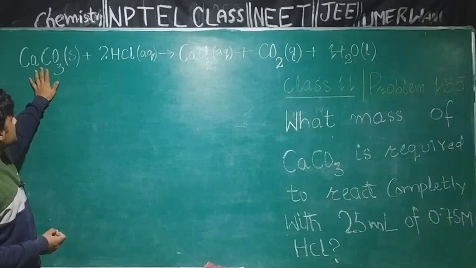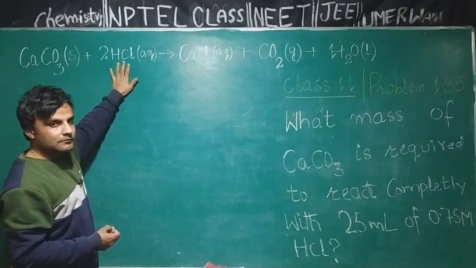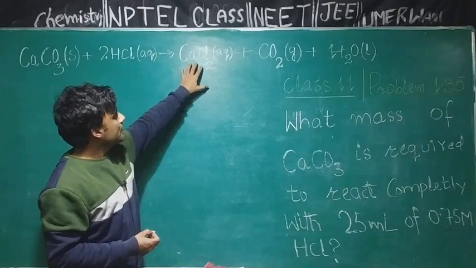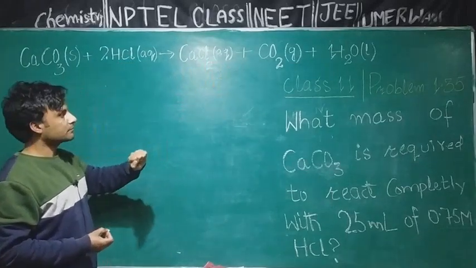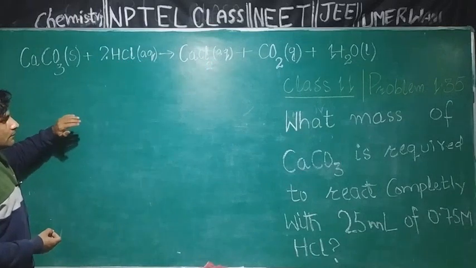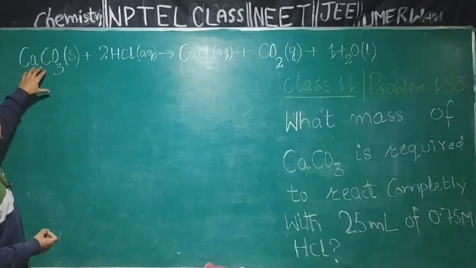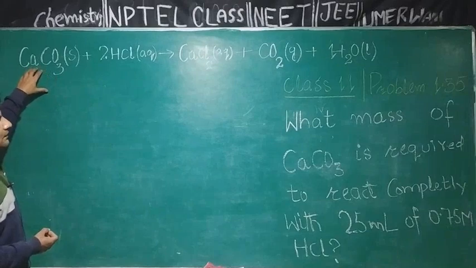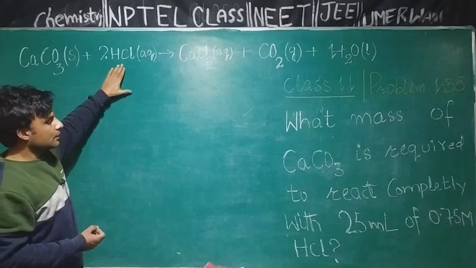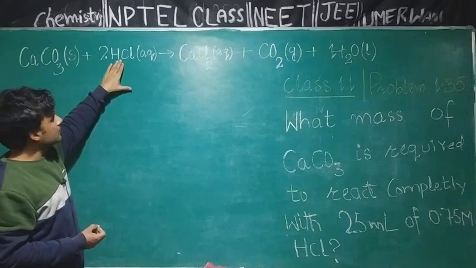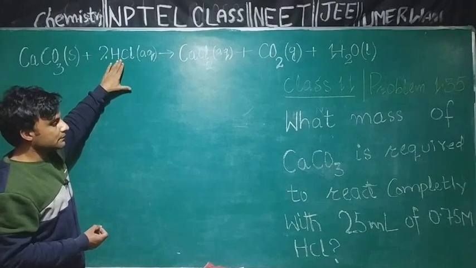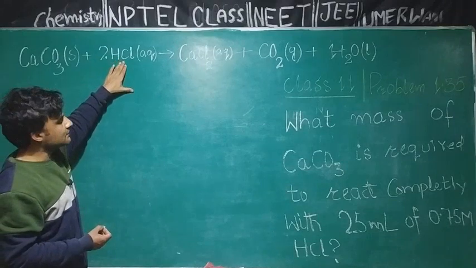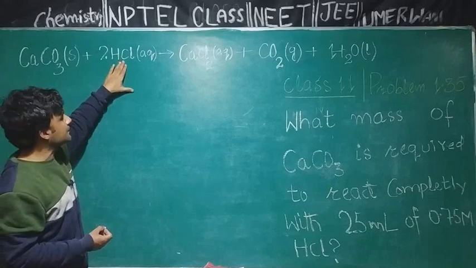Calcium carbonate reacts with aqueous HCl to form aqueous calcium chloride, carbon dioxide and water.